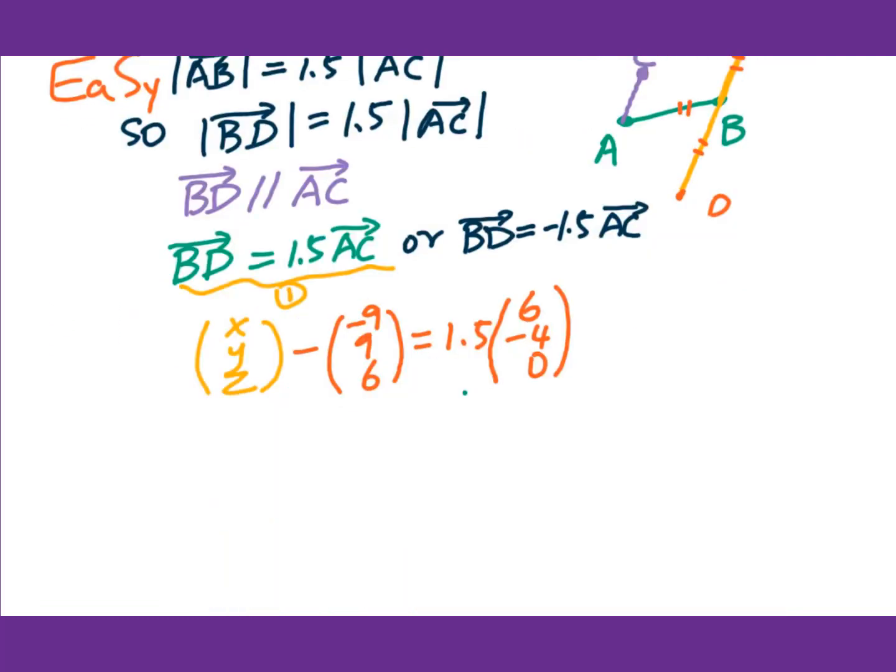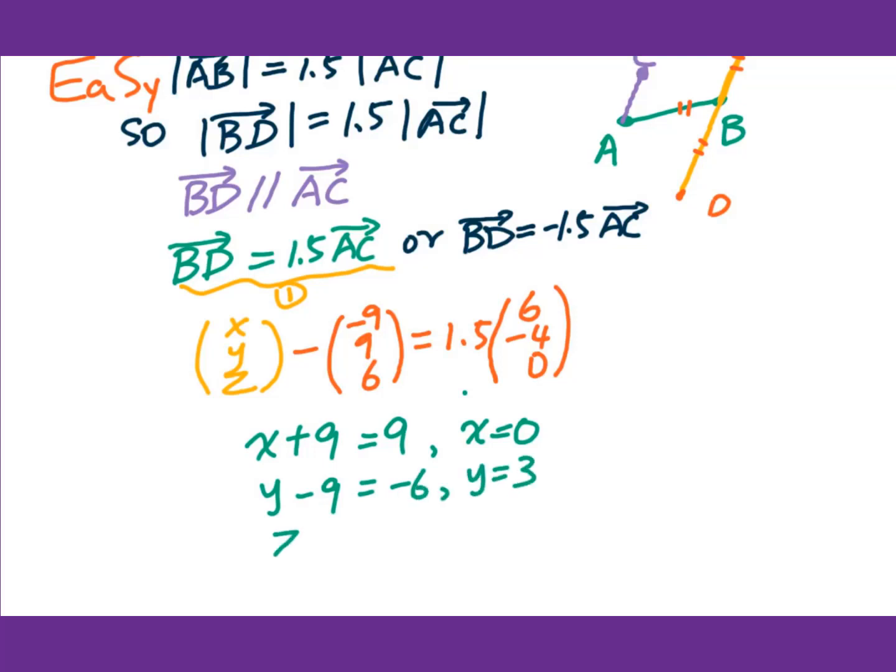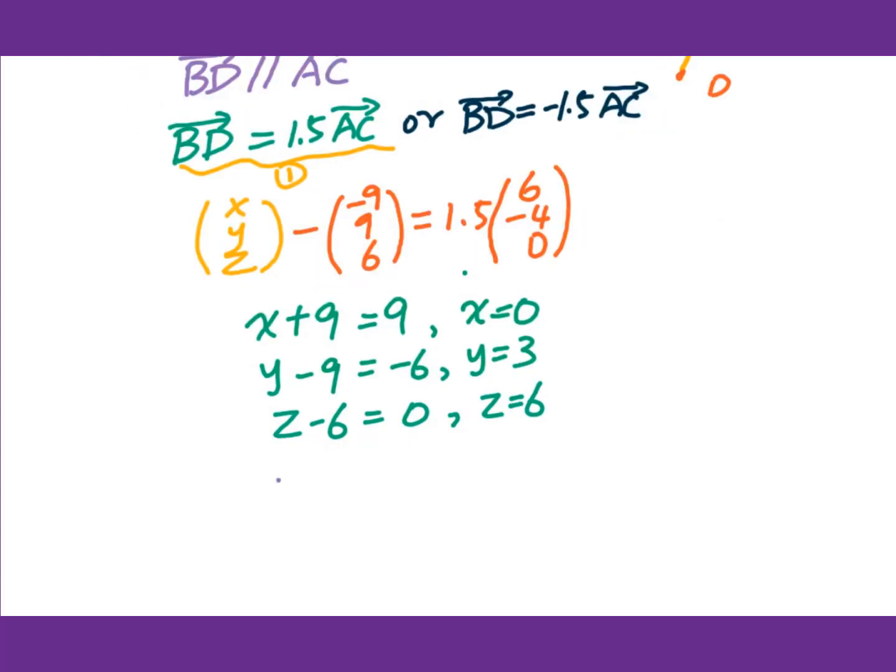You can set up x plus 9 equals 9. So we have x equals 0. Y minus 9 equals 1.5 times negative 4. That's negative 6. So y equals 3. Z minus 6 equals 0. So you have z equals 6. For the coordinate for D, it will be (0, 3, 6).